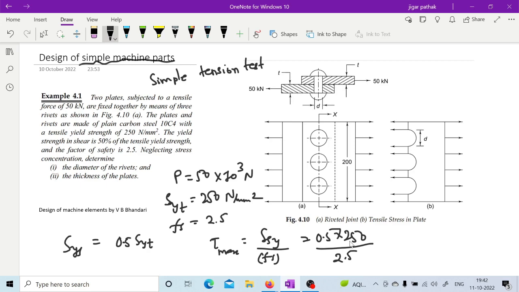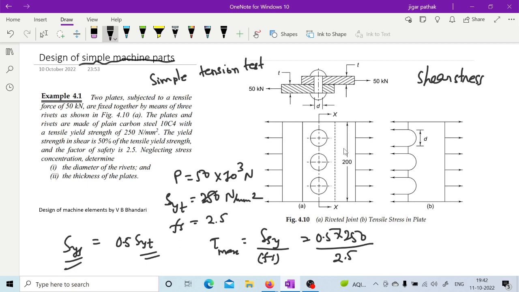See, here you are having two different stresses acting on two different components. For the rivet, you are having shear stress, right? So you will consider that shear strength, shear yield strength. This is shear yield strength, and this is tensile yield strength. Both are yield strength only, right?